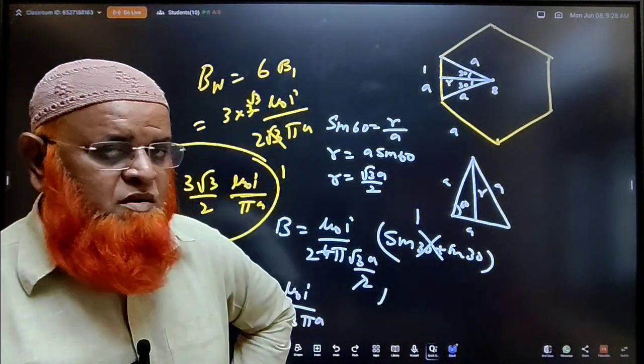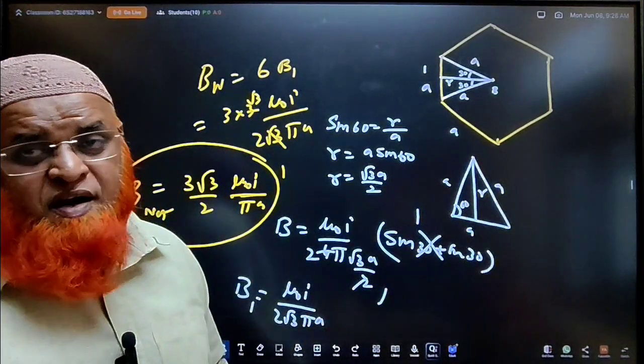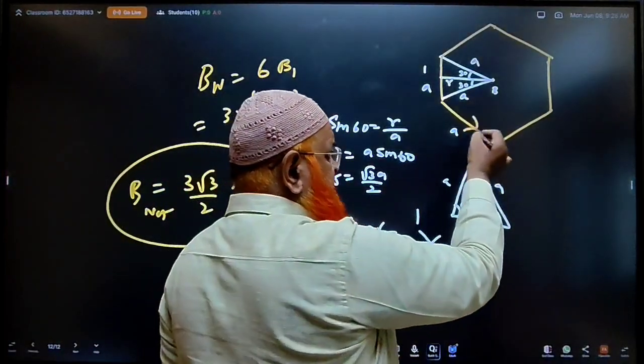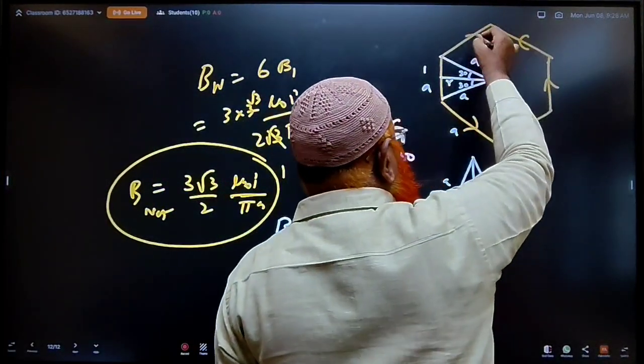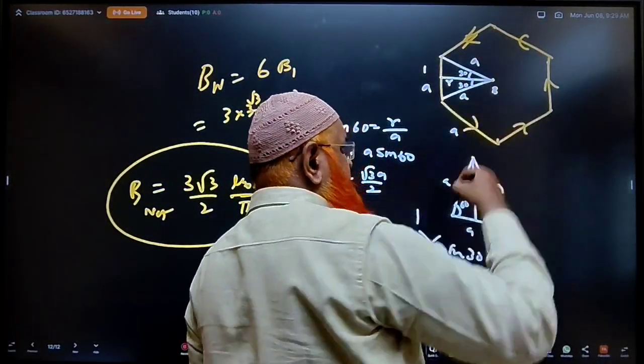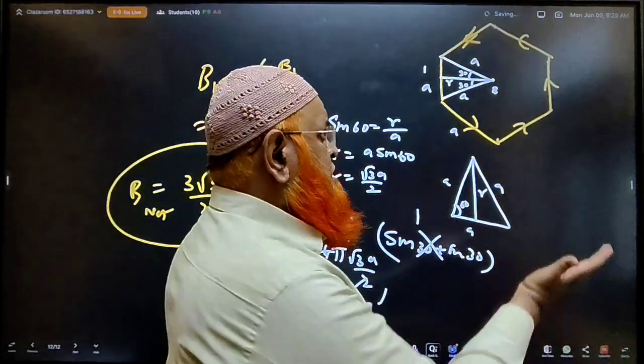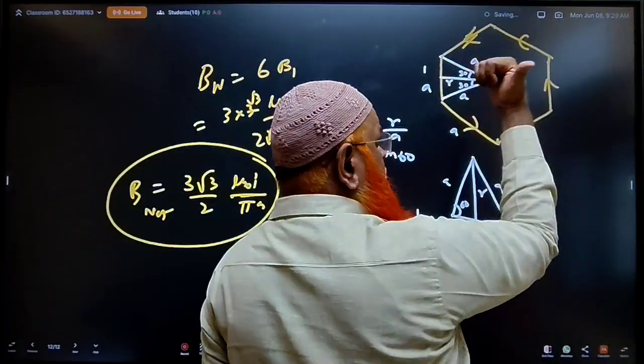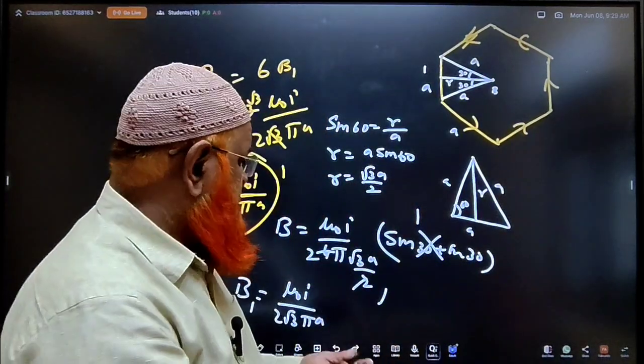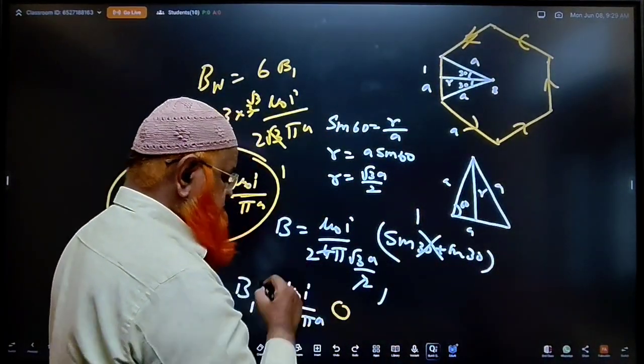But one thing you should remember: you have to see the direction of the current. If the direction of the current is anti-clockwise, you have to apply the right hand thumb rule. If it is anti-clockwise, the thumb is outside, out. Out means you have to write a dot.